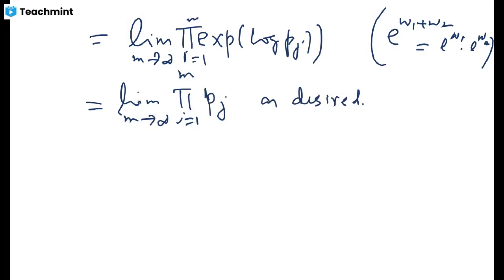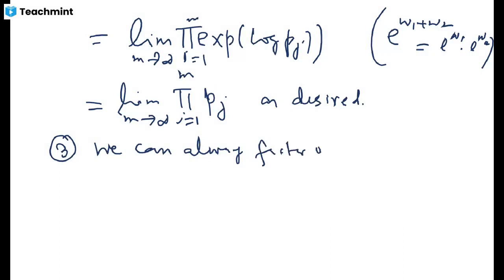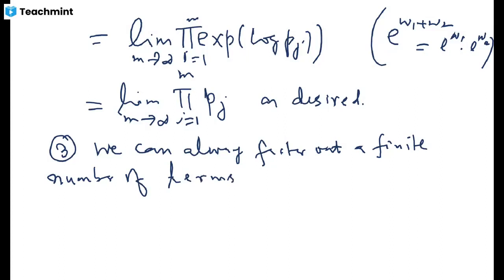So simply by using the definition of convergence and these two observations, you can verify the following other two observations. That we can always factor out a finite number of terms from a convergent infinite product.